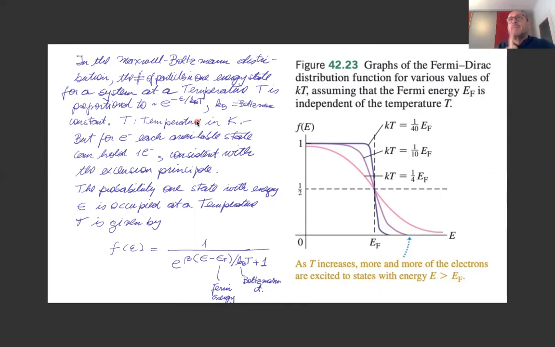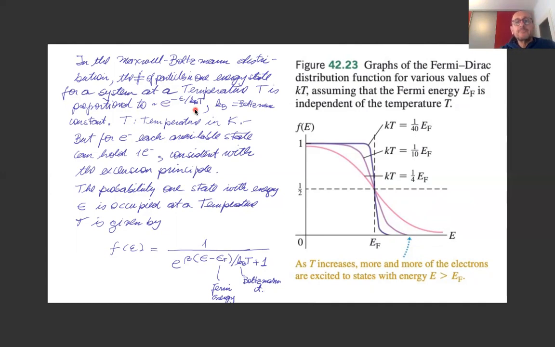Okay, but the main difference with the classical gas is that the distribution, the probability of these particles having a certain energy, is e to the minus the energy of the state divided by kT. It means that whatever the temperature is, the higher the energy of the state, the lower the probability of it being occupied.